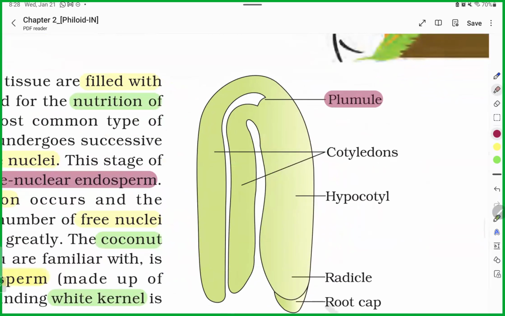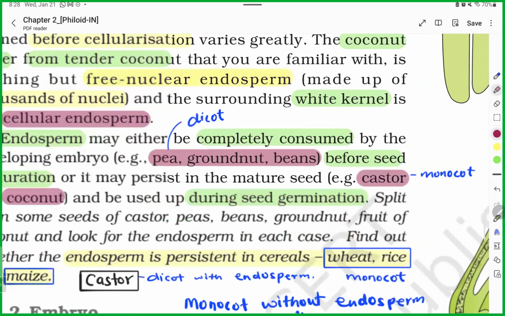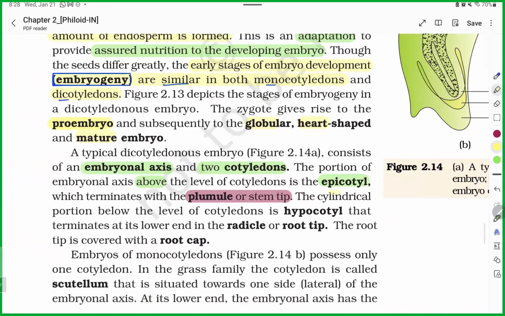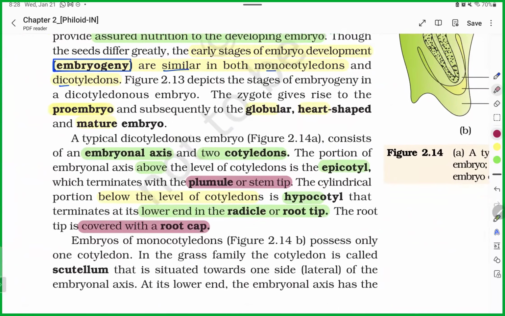Epicotyl, plumule or stem tip. Hypocotyl, radicle or root tip. Look at the cylindrical portion below the level of cotyledon, it is hypocotyl, and this will terminate at the lower end in radicle or root tip. And the root tip is covered with the root cap.